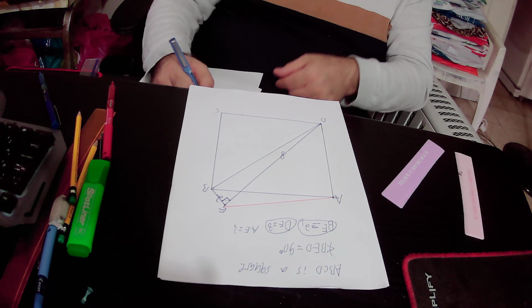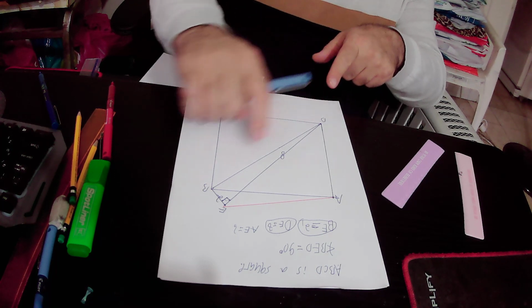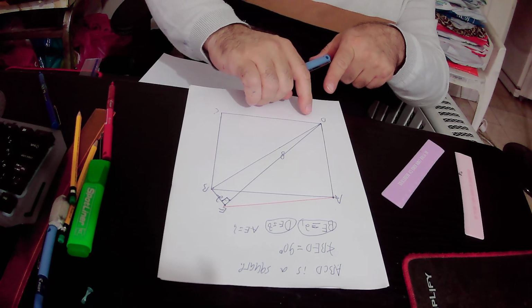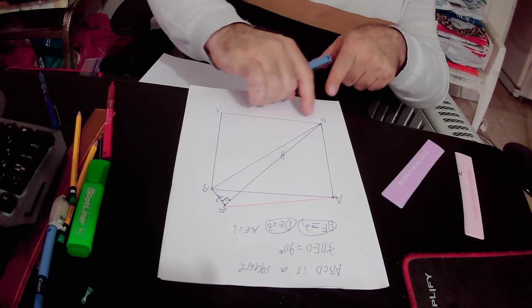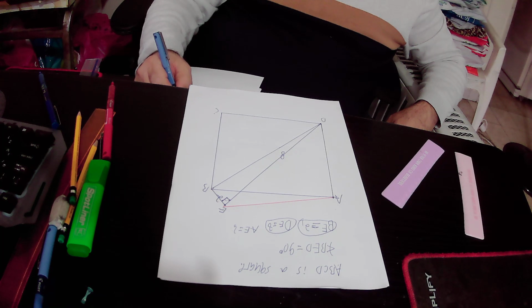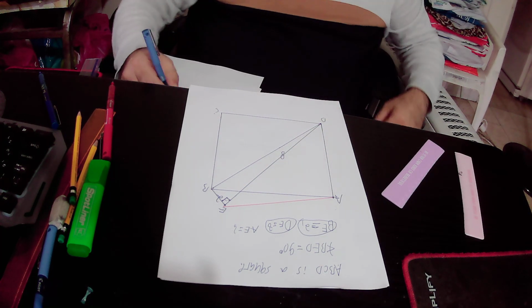That is to say, the square of the hypotenuse on the right triangle EBD is DB square. DB is the hypotenuse, so the square of the hypotenuse is DB square, and DB square will be equal to EB square plus DE square.